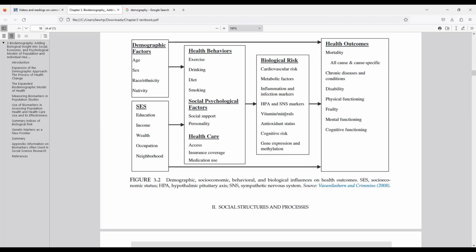These can be obtained through survey questions, assuming people are honest, or researchers can measure antioxidant stress or status through some techniques, gadgets, or other mechanisms. And there are ways to assess cognitive risk.